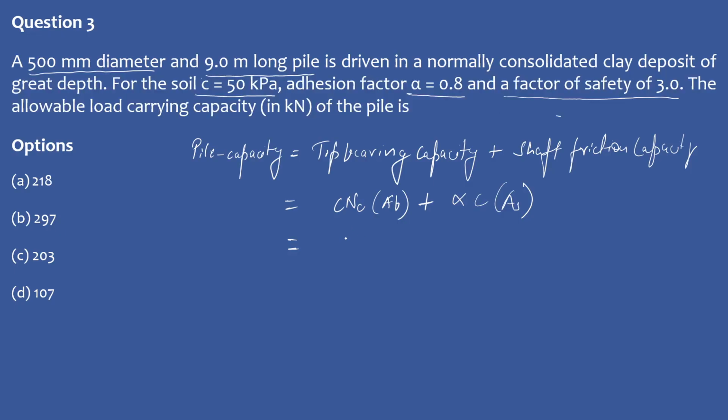So your C value is 50 kPa. How much is your Nc value? It's 9, right? Then your area of base is given by pi by 4 into d square, which is 0.5 square.